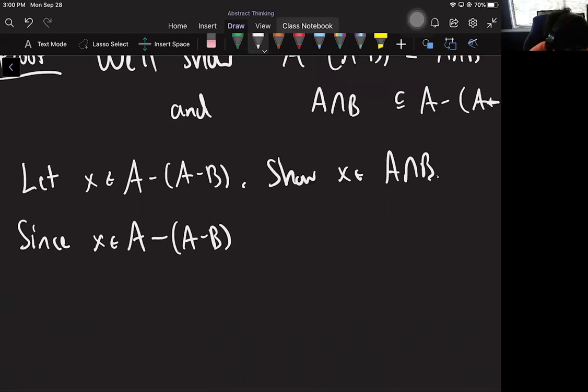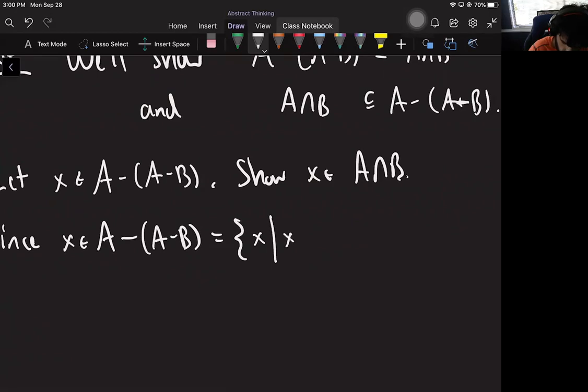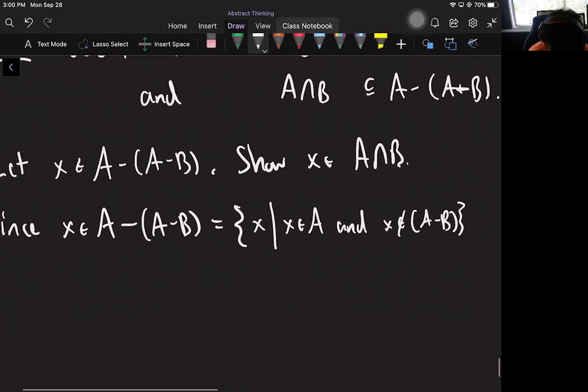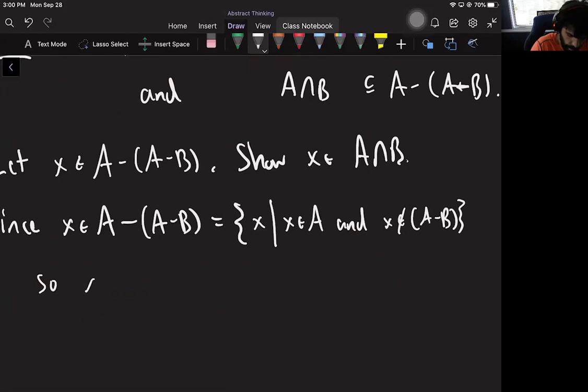Okay, so what does it mean for it to be in here? Well, maybe I'll write it out. So it means that it's in the first one, and it's not in the second one. That's what A minus B means, but now my B is this whole other set. So it really means that X is in A, and X is not in A minus B.